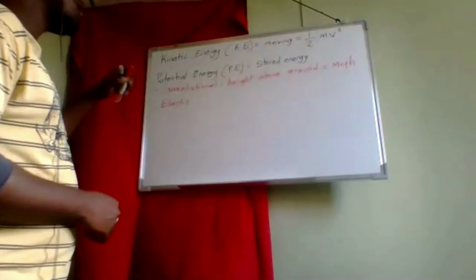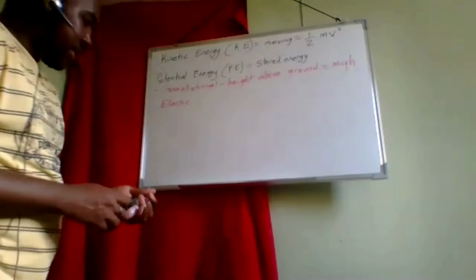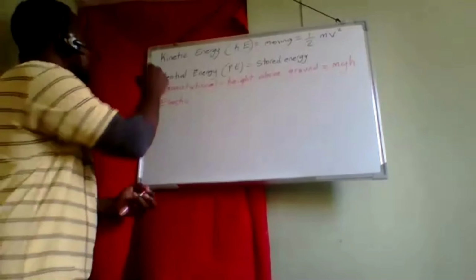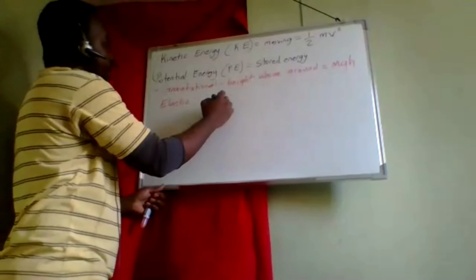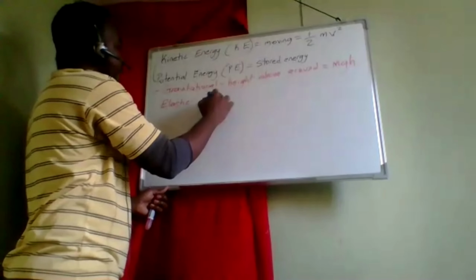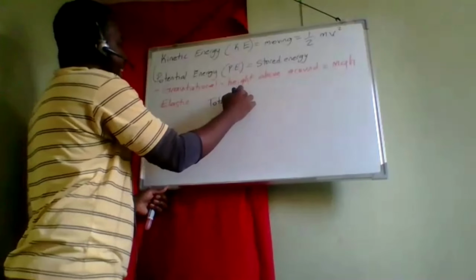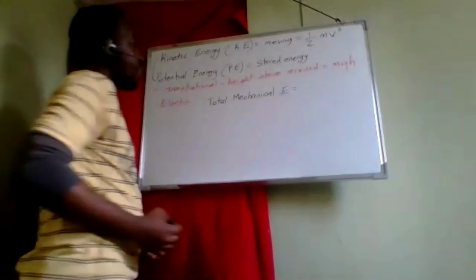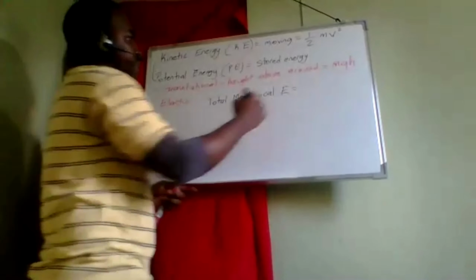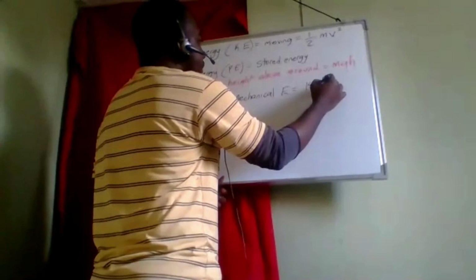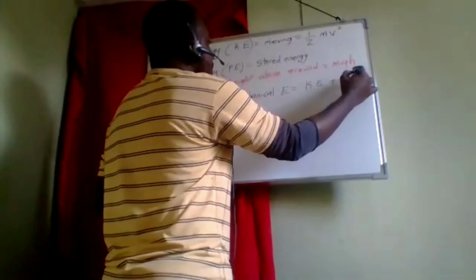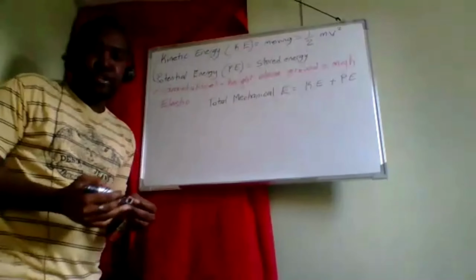But another thing to note is that these two energy forms, kinetic and potential, form what is known as your total mechanical energy, right? Total mechanical energy is the value of your potential energy plus your kinetic energy.